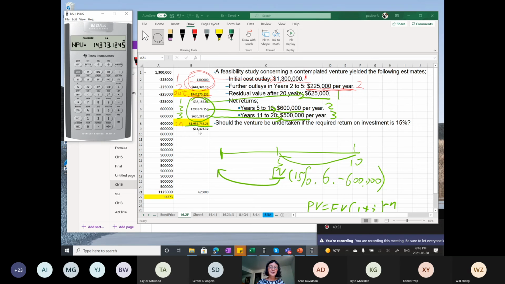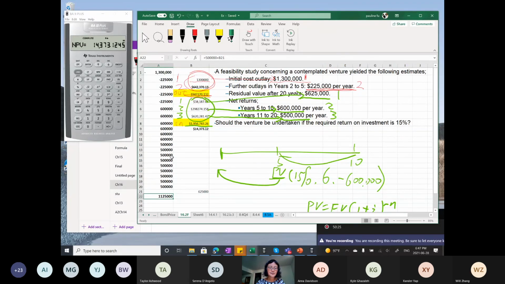So this is the calculator NPV function. And then Excel. If you have all of these numbers ready in Excel, you click a cell. Oops, I undo it.